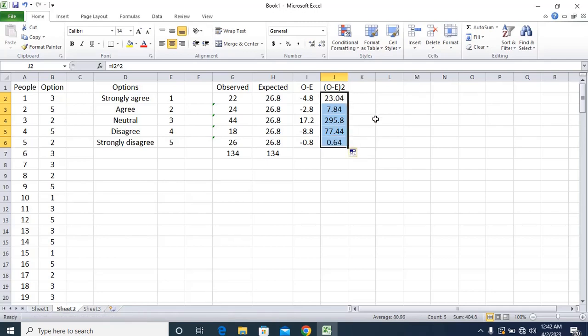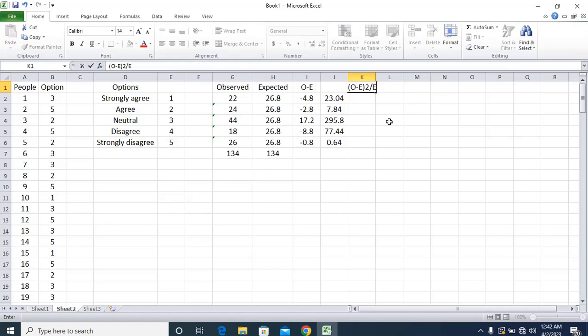So the function is applied on all the numbers. Now we are going to take the square of observed minus expected divided by the expected value.